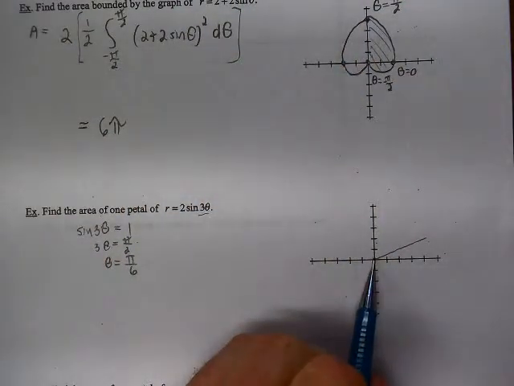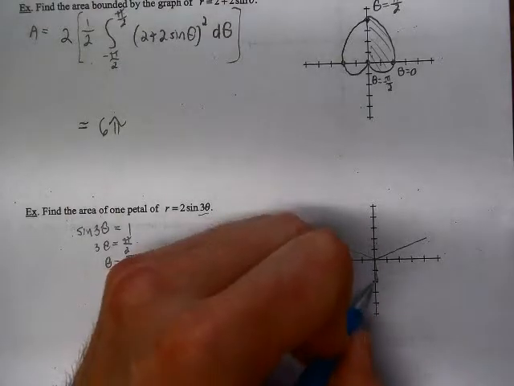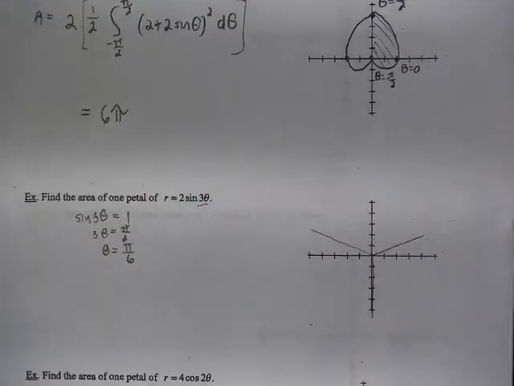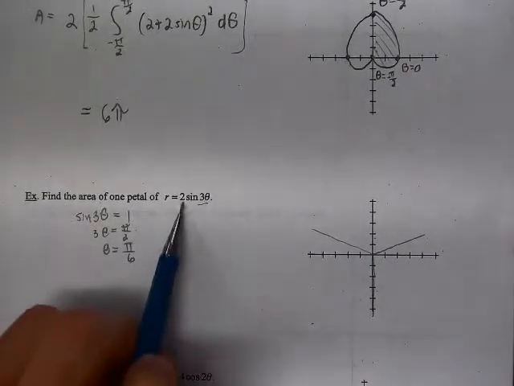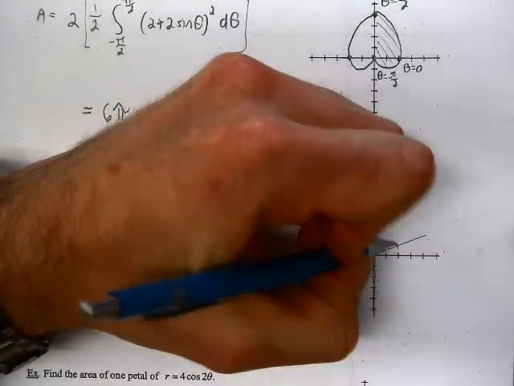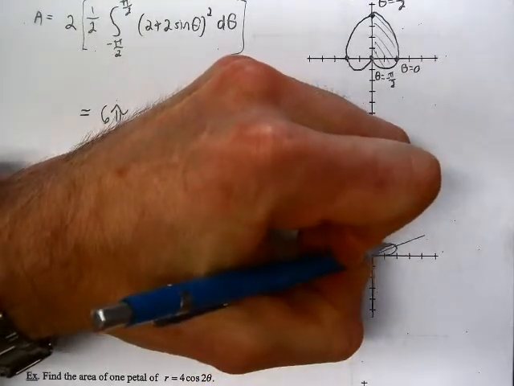and then they're going to be evenly distributed around that 360 degrees, or 2 pi radians. So we're going to have a petal length of 2, so that's going to look about like this.